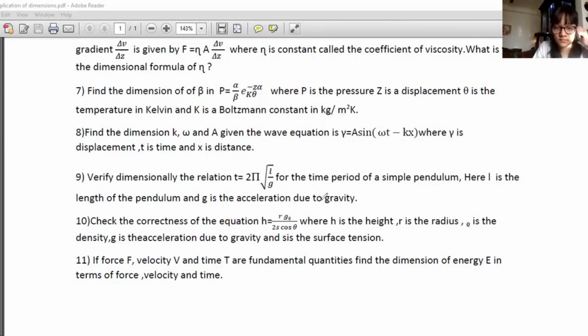Okay, now the 10th one. You have to check whether the equation is correct. It involves R, g, rho, where rho is the density, upon 2S cos theta.